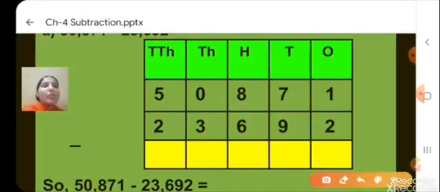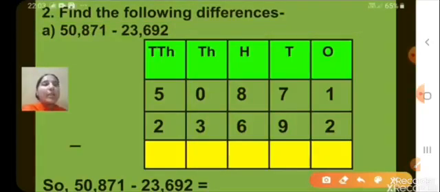So 1 minus 2, there you can see that is not possible. It means we have to borrow from tens place. So when we borrow 1 from tens place, the digit there is 7, which will become 6 now, and at ones place now we have 11. So 11 minus 2, what we'll get here? 9. Now let's move to tens place. Again 6 minus 9 is not possible.